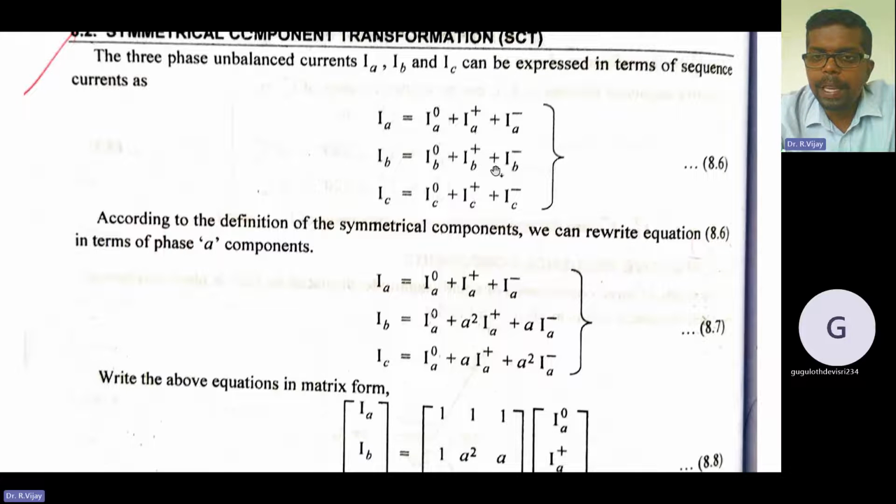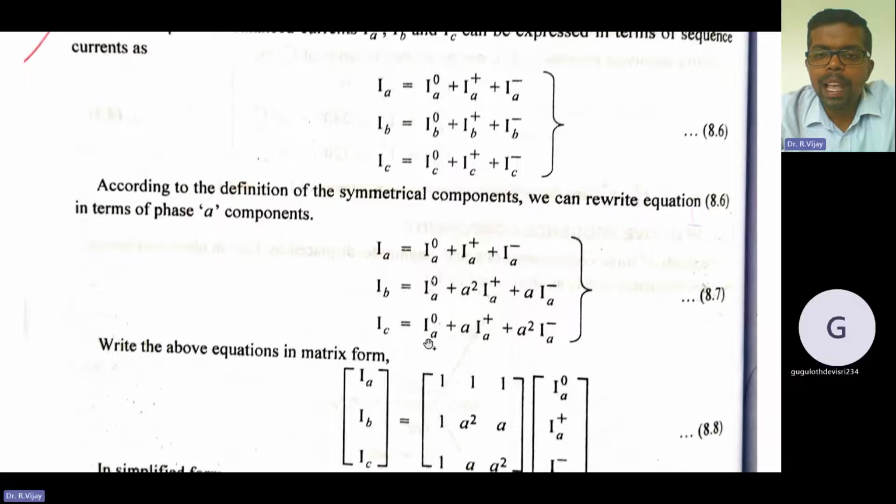Here IB minus, how can we rewrite in terms of IA? It is 120 degrees of IA minus. So 120 degrees we are converting into A, so A IA minus. Similarly, IC naught is equal to IA naught.